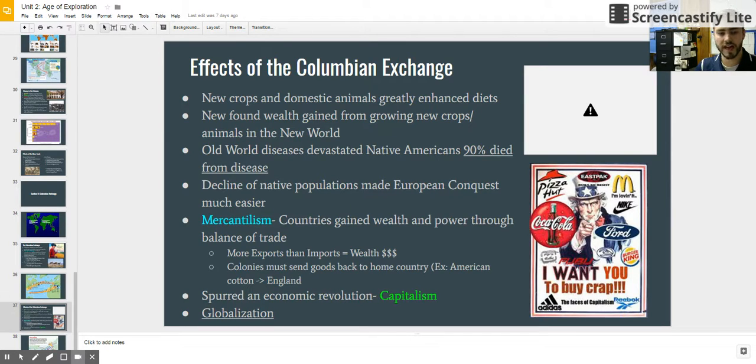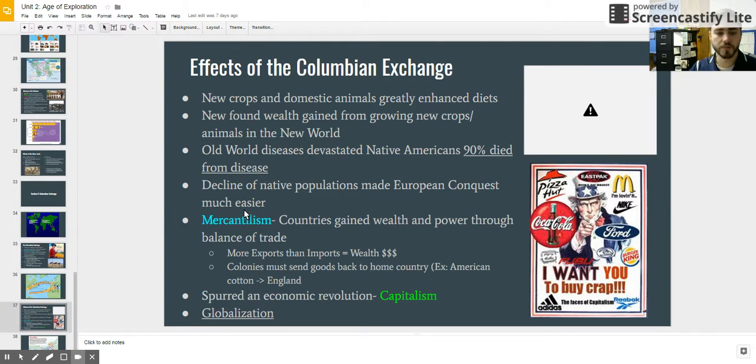Europeans, Asians, and Africans had developed a genetic immunity, a tolerance, if you will, to those types of diseases, and it did not affect them as much. So it did not kill off the people from the Old World like it did the New. So we see that it's much easier for them to conquer these people when there's a lot less of them and they're all dying or sick from these diseases.